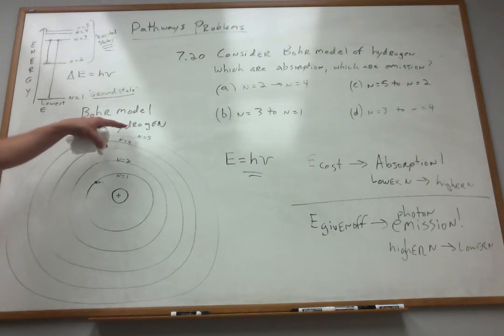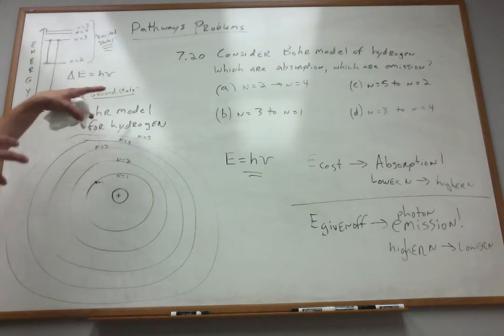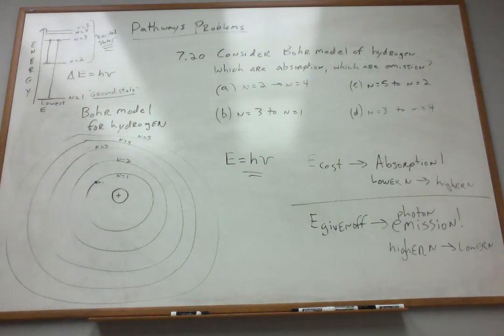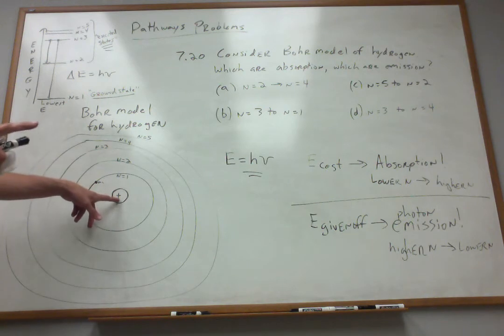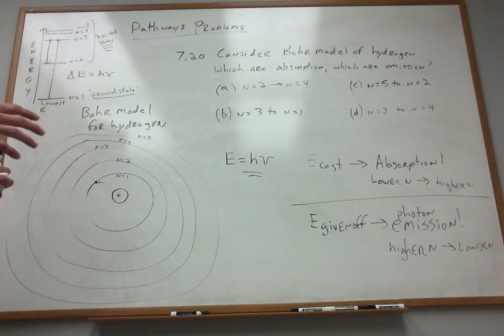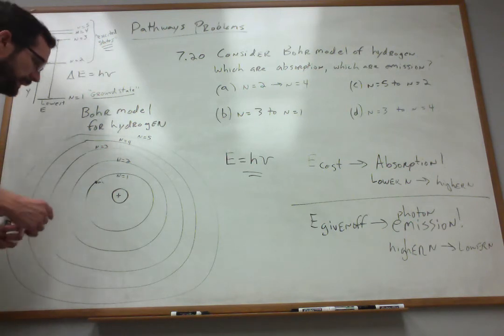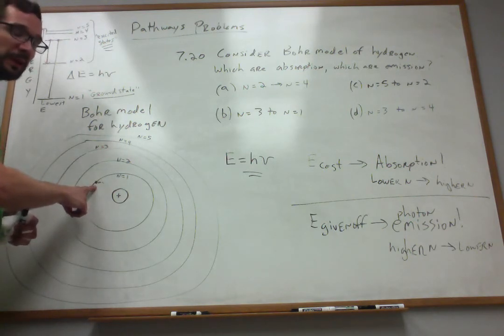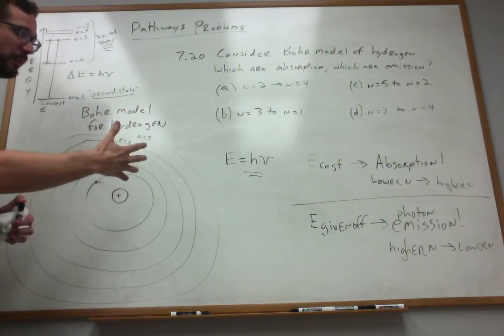Now, this is really only applicable to hydrogen, this specific Bohr model. And the reasons why are rooted in the fundamental physics of it, okay? For hydrogen, it's nice because there's only one proton in the nucleus, and there's only one electron that surrounds that. Now, if you start going to other elements, things get a lot more complicated, okay? The main reason is that instead of just having one electron, now you're going to have 2 or 3 or 4 or 5 electrons.